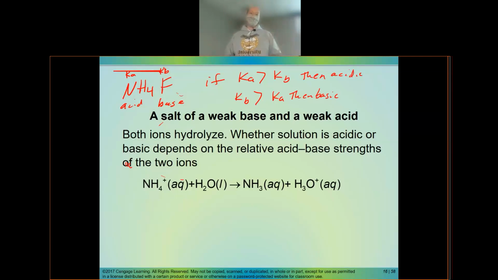If one is acidic and the other one has no effect, it's going to be acidic. But if one is acidic and one is basic, you have to find the Ka value for the acid and the Kb value for the base. If your Ka value is larger than Kb, it would be acidic. If your Kb value is larger than your Ka, then it would be basic. So if you had a chart, then you could figure it out. If they don't give you a chart, then the answer is not enough information.